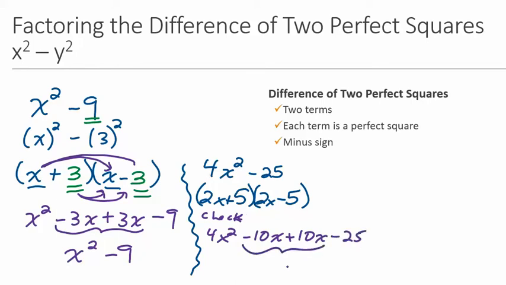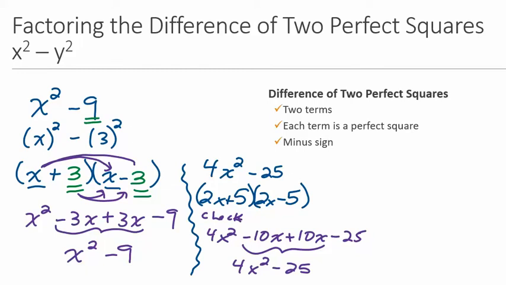See what happened here? That's only going to happen if these two binomials are exactly the same, with the exception of one positive, one negative. So those drop out, and we're left with exactly what we want. As long as this comes out to be what we started with, we know we did it right.